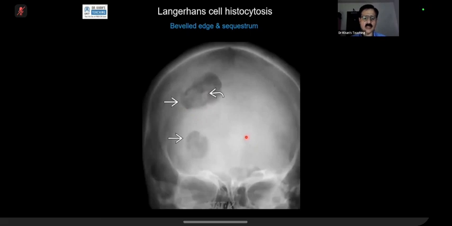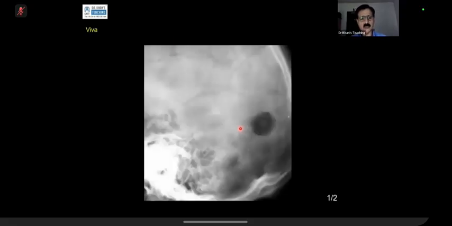Because of these two things, the grilling will be: you will say it is osteomyelitis, chronic osteomyelitis, fine. But out of these two, what is most likely? Most likely, because of these two factors, it is Langerhans histiocytosis, and you might get 8 out of 8 in that film. This is the fine touch of it.